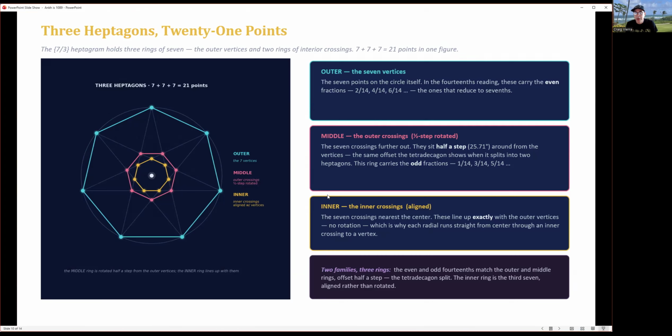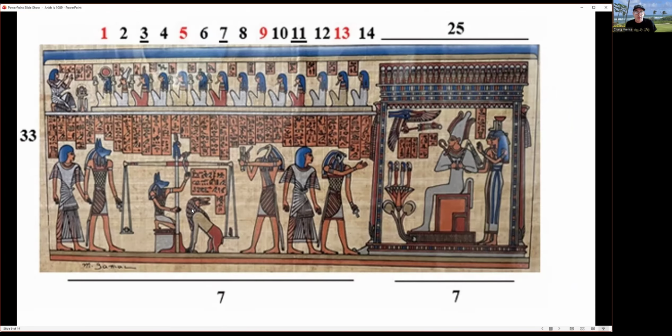For example, I want to go back. I want you to think of this. In this scene, in this register, watch carefully. Anubis has an ankh, and Horus has an ankh. Two ankhs, 2 times 1089 is 2178.